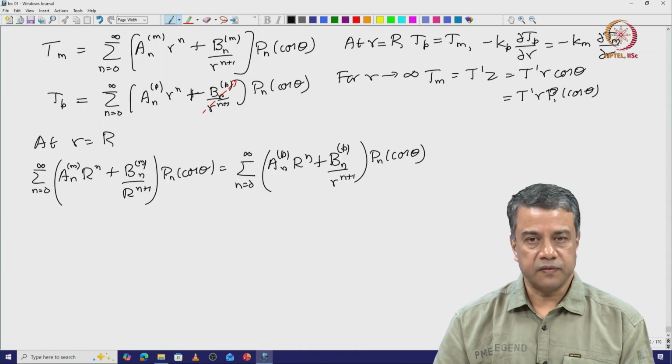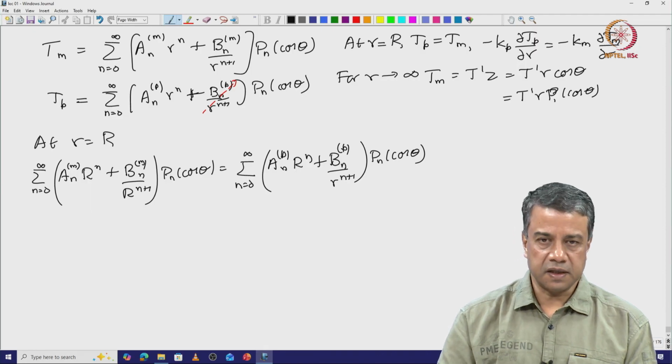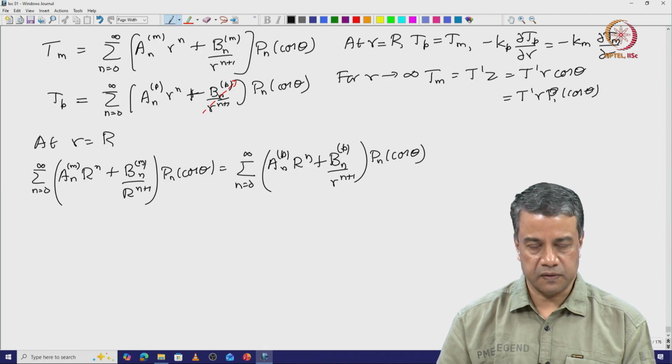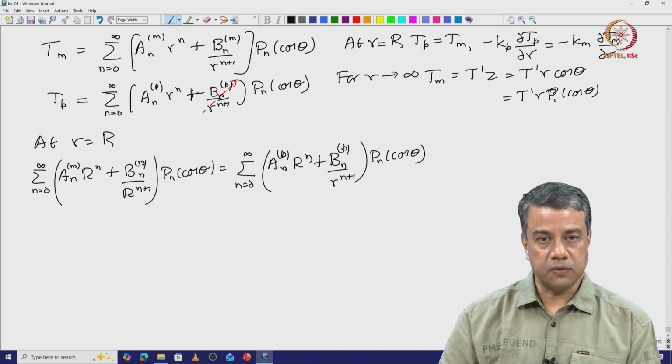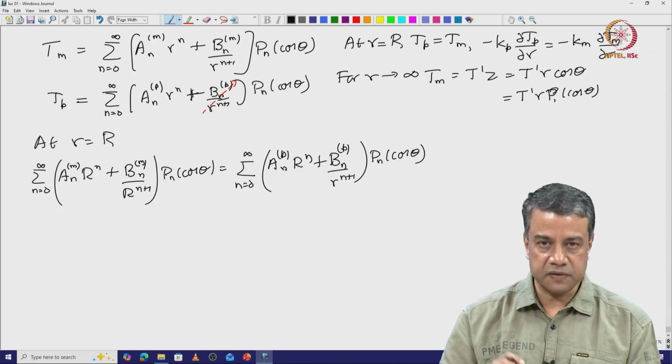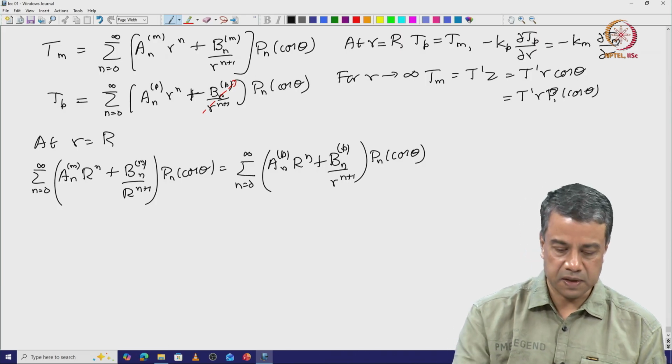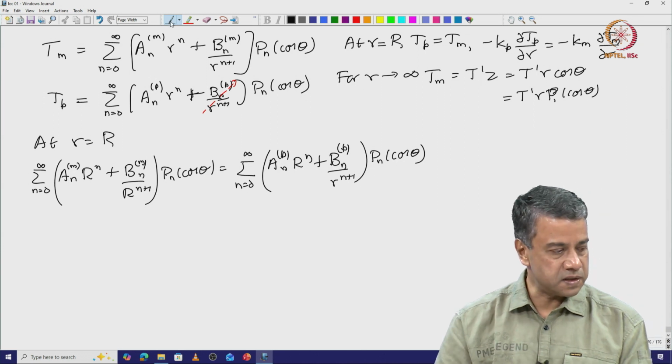Okay. However, since all the Legendre polynomials are orthogonal, I can multiply the left and right sides by P m of cos theta, and I will get delta functions. Therefore, each of these are equal at each term in the expansion. For each value of n, the left side has to be equal to the right side, because the basis functions are all orthogonal.